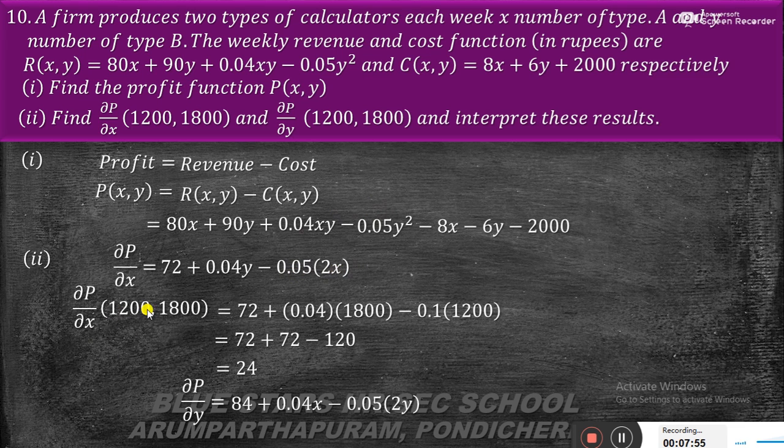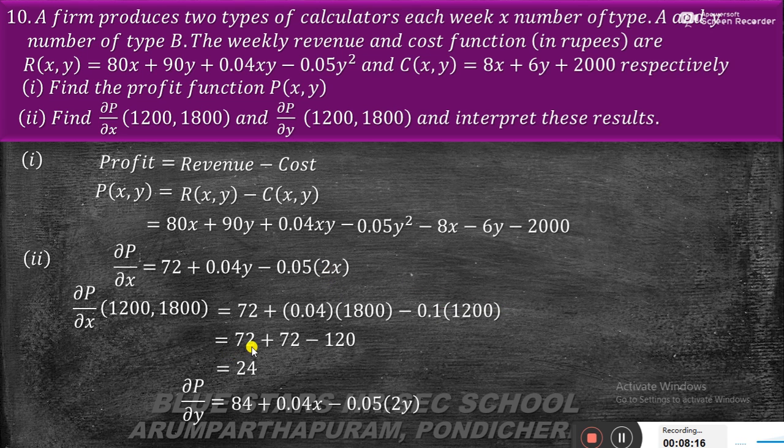At the point 1200, 1800, I substitute x equal to 1200, y equal to 1800: 72 plus 0.04 into 1800 minus 0.05 into 2x. First multiply 0.05 into 2 is 0.1, into the x value 1200.